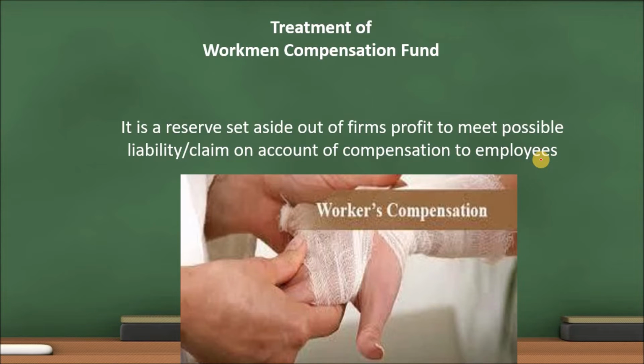So if any employee suffers any injury or any loss due to some accident which happened in the factory or in the office, the claim or the liability on account of that will be called workmen compensation claim. Most organizations create a fund so that they are able to meet this possible liability or claim, and the name of this fund is workmen compensation fund.